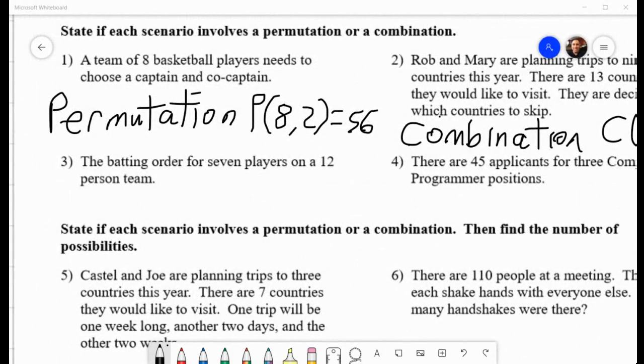But anyway, for the batting order, you have 7 players on a 12-person team, right? Okay, well, for batting order, does order matter? For batting order, would the order make a difference in the lineup?